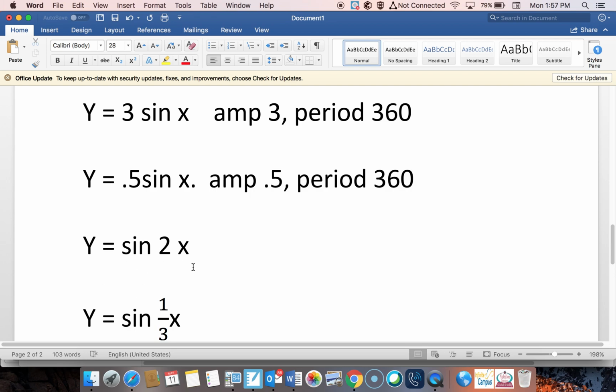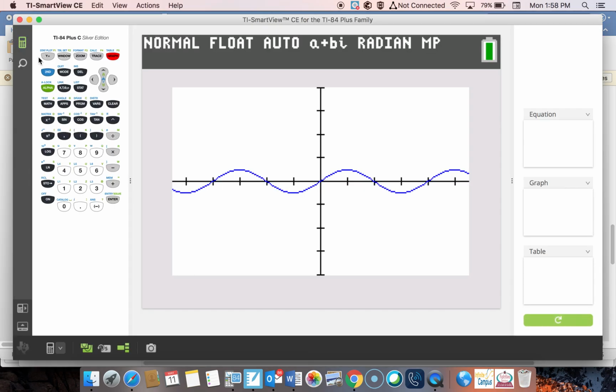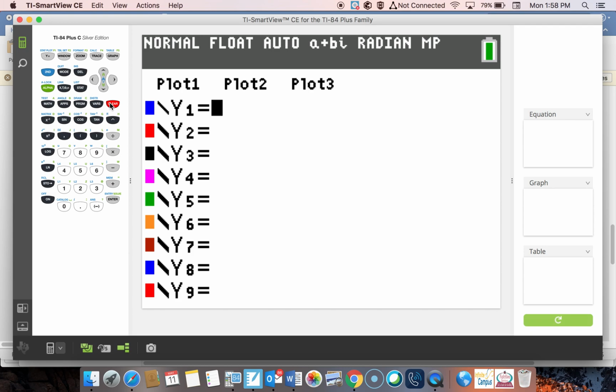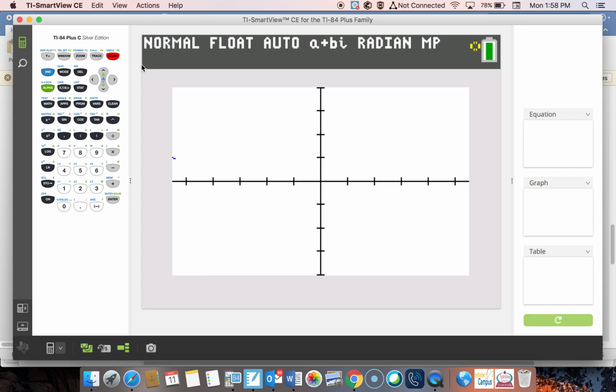Now, you will notice that the 2 is inside, in between the sin and the x. That is considered inside. I'm going to go y equals the sine of 2x. When I look at this graph, you would think 2 would stretch it out.